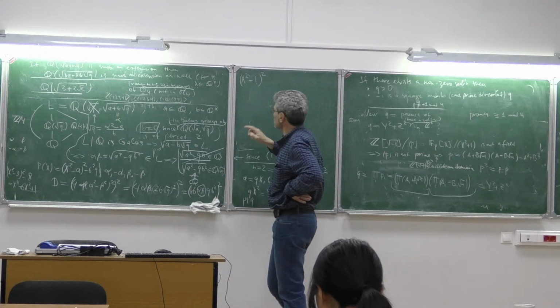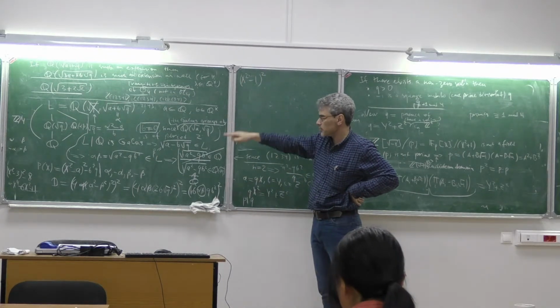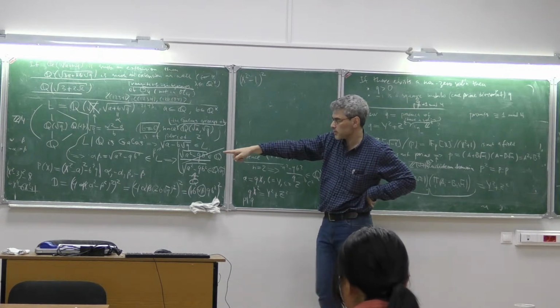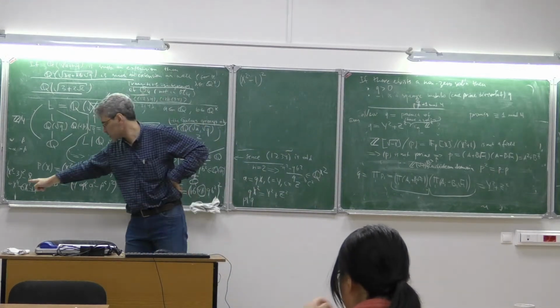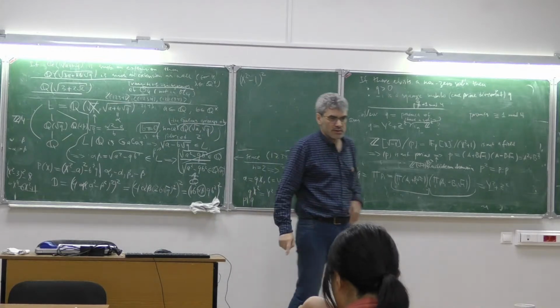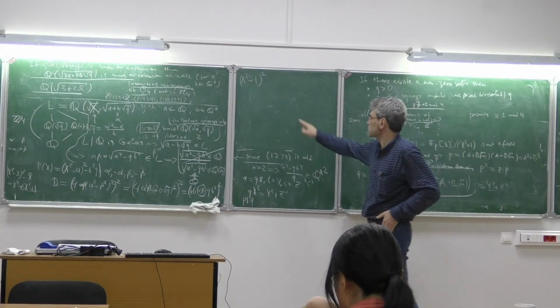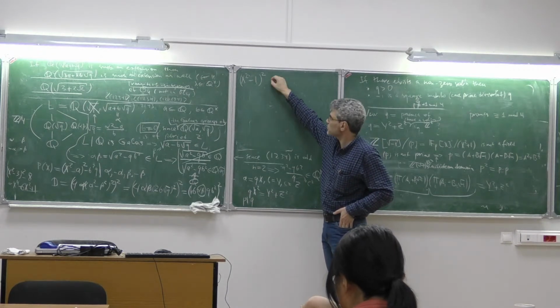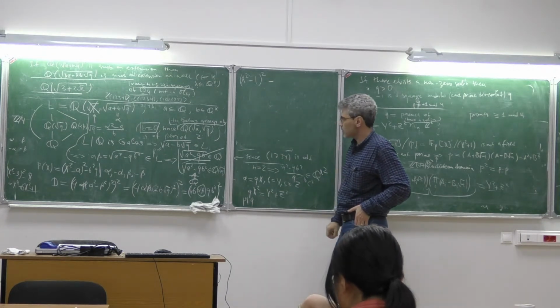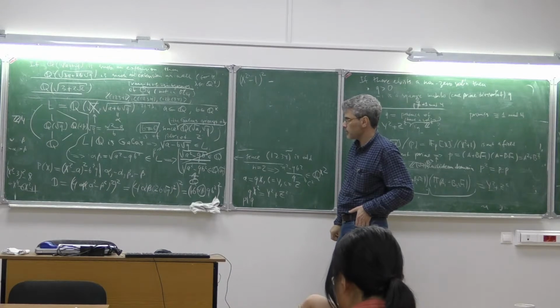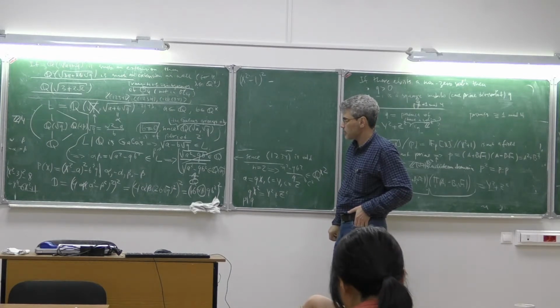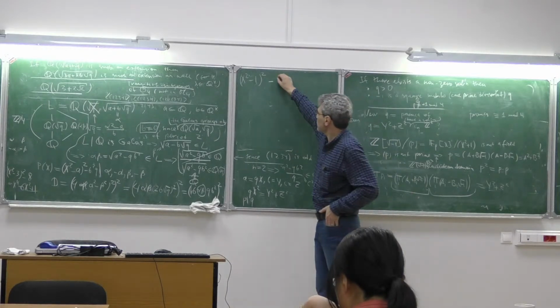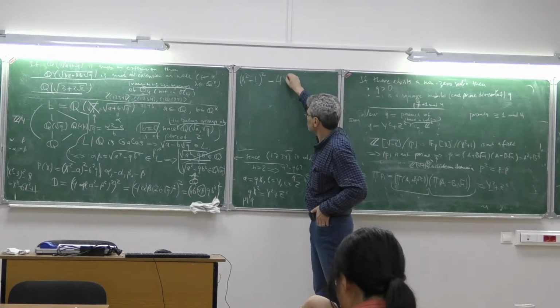Okay, all right. So you see, what is written here? What is x to the fourth minus 6x squared plus 1? It is the square of this, minus what? Minus 4x squared, okay.